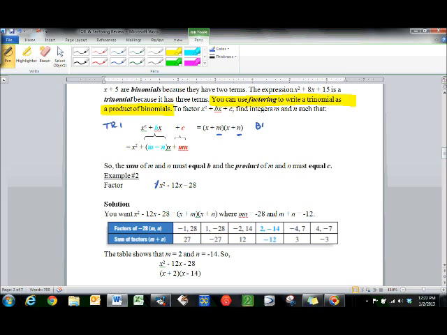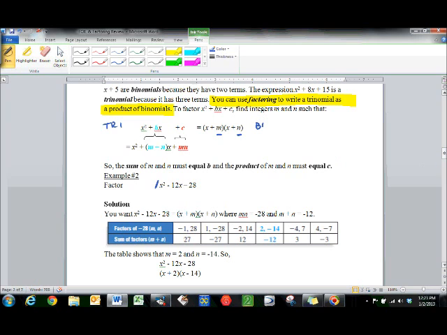That's a very important part of this, because when we have a number greater than 1 for the leading coefficient, we're going to go through a different process called grouping that we'll discuss later in the video. But right now our leading coefficient will be equal to 1.